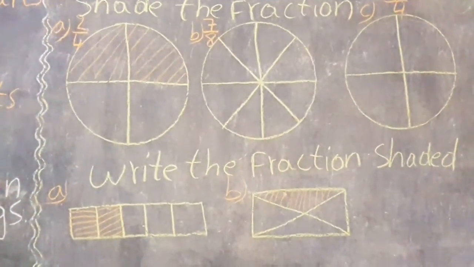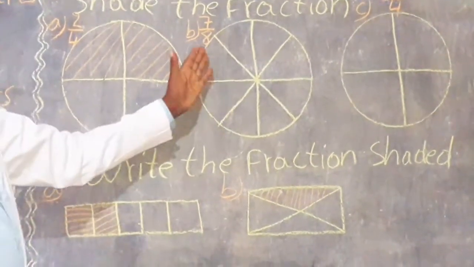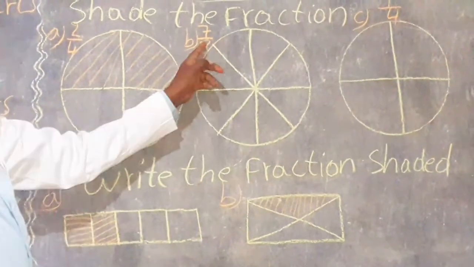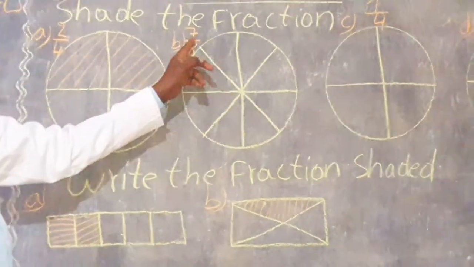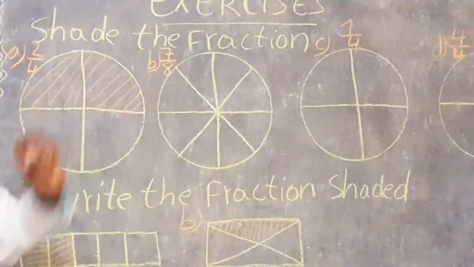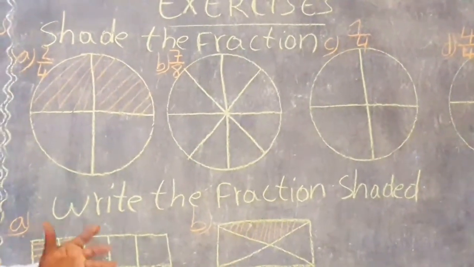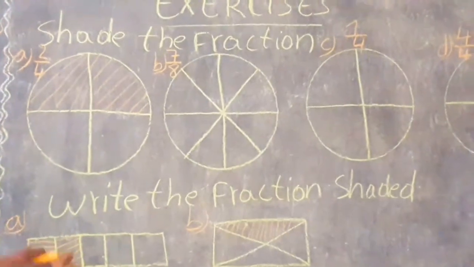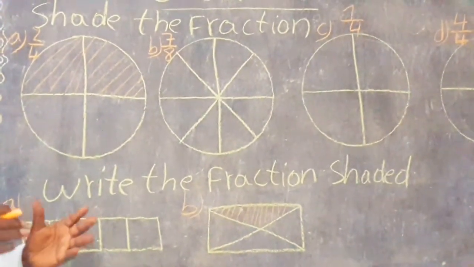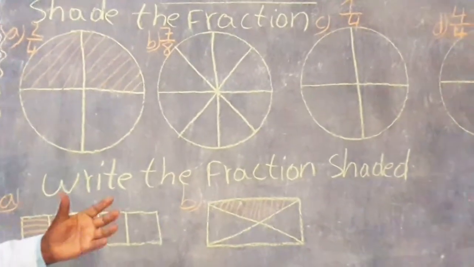Good. And you are going to collect number B. You are going to shade 7/8. First you have to think which are the number available.